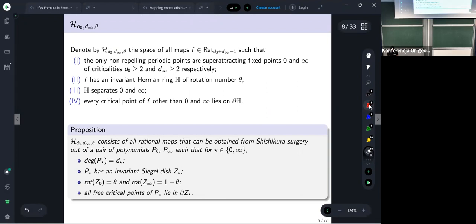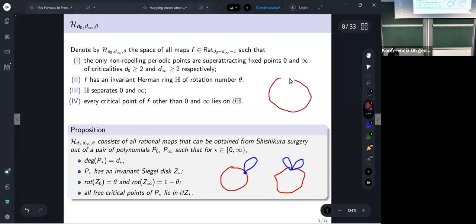So just a bit of an illustration. What we should think of is something like, so this is a Siegel disk. We have a pair of them. And then we have some critical point on the boundary. So if I draw the P image, maybe one of them is that. That would be a quadratic. Maybe if you have cubic, it would be something like that. And then the corresponding map F would be something like, we have a Herman ring.